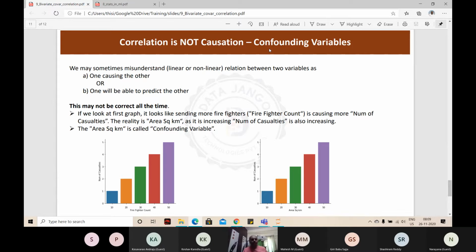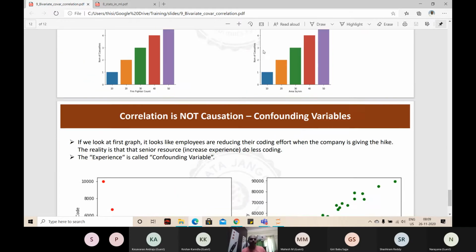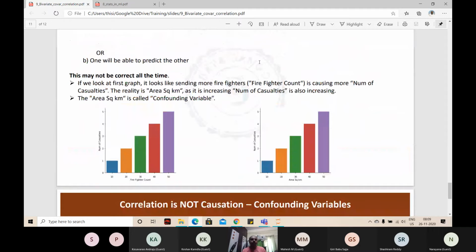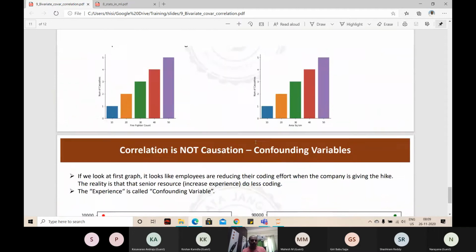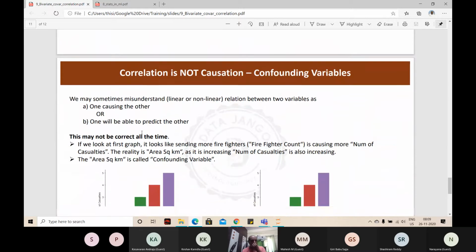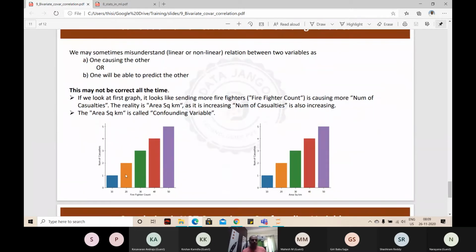Sometimes when you take two columns and try to calculate the correlation, you may get 1, but that doesn't mean it is really related, because the business may not say that those features are related. Let me take this example. I have taken experience and salary also. I don't know whether you can see this or not.